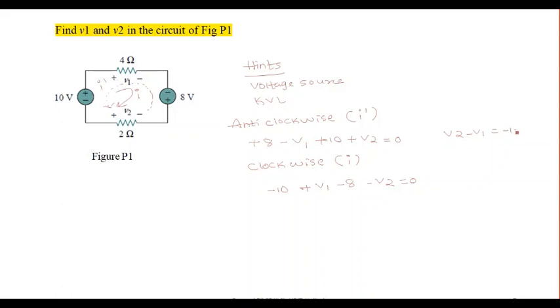It is minus 10 minus 8, or you can say together as minus 18. Similarly here, V2 minus V1 will still be the same. You can take these things to the RHS side.